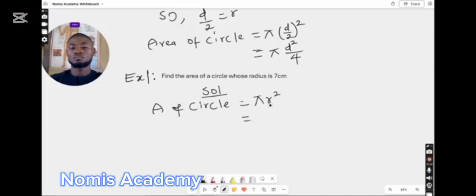Area of a circle, the first thing to introduce when you see a question like that is the formula. Area of a circle equals pi r squared. So you introduce the value of pi. You see the question does not even give what pi is, but you should know it as a constant, that pi is 22/7.